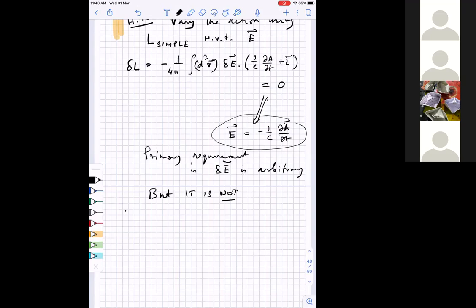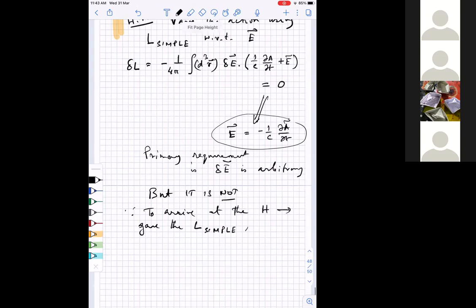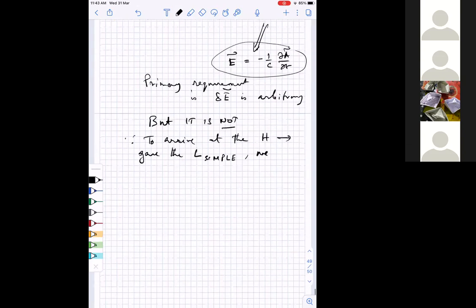Because to arrive at the Hamiltonian which gave the L simple, what did we do? We used constraints.